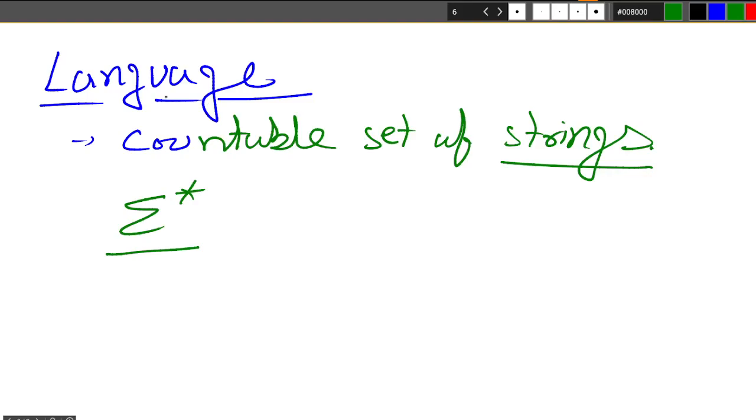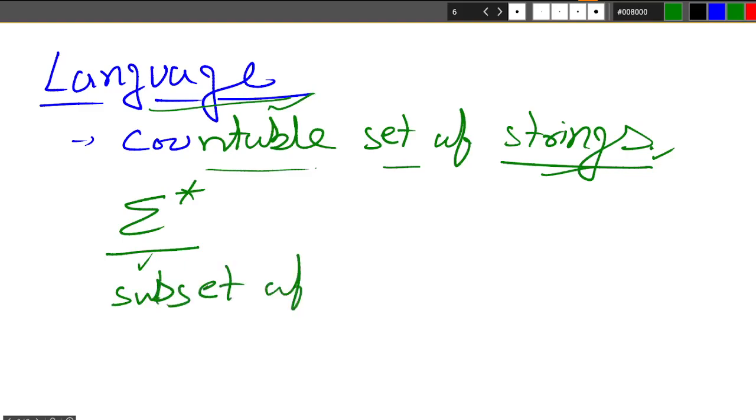So if a language is a countable set of strings, the maximum number of strings possible will be the Kleene closure of the alphabet. So always a language will be a subset of the Kleene closure of the alphabet.